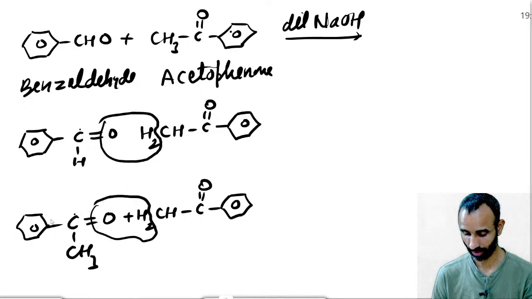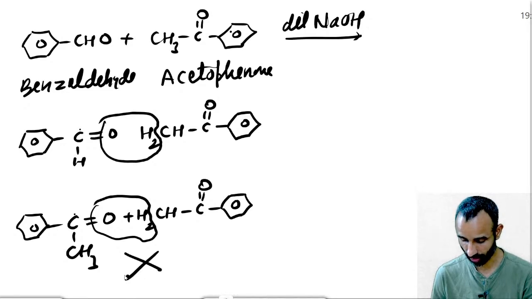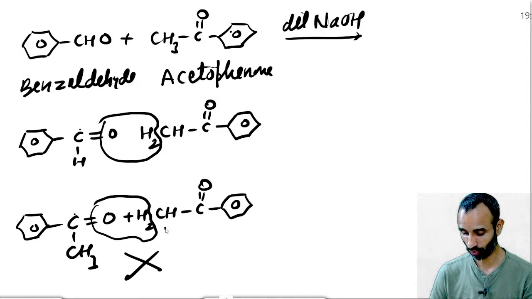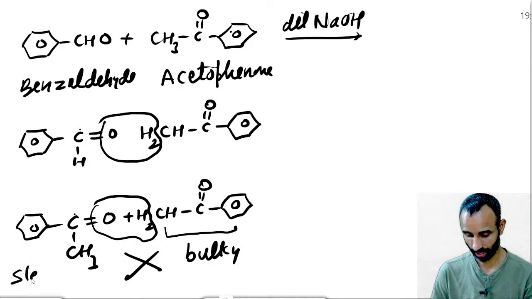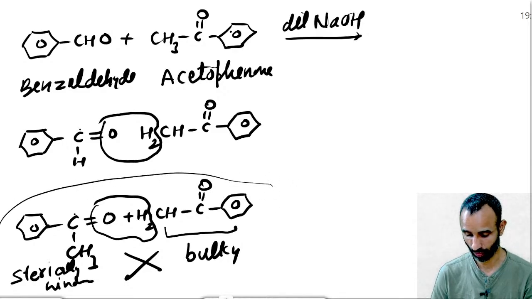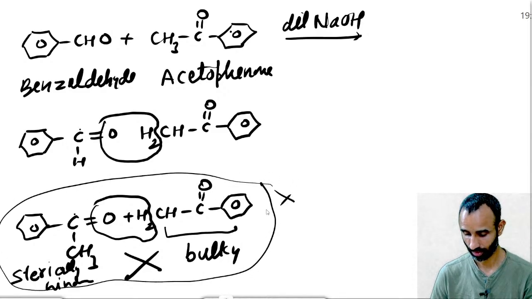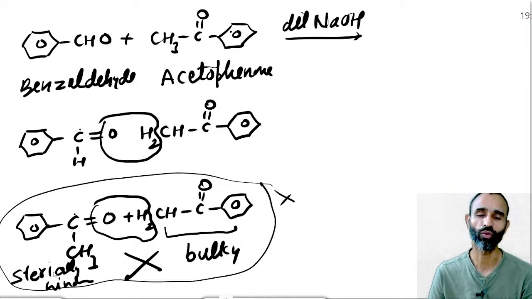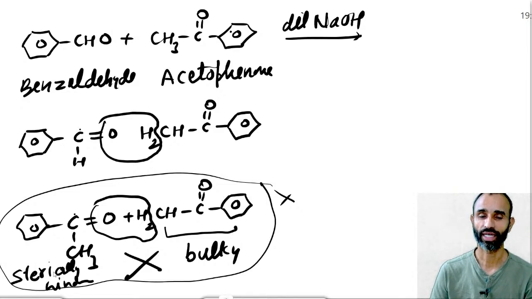But see, this product is least favorable because this nucleophile is bulky, it is sterically hindered. That's why this product is not formed, or formed in very minimal amount that can be neglected.